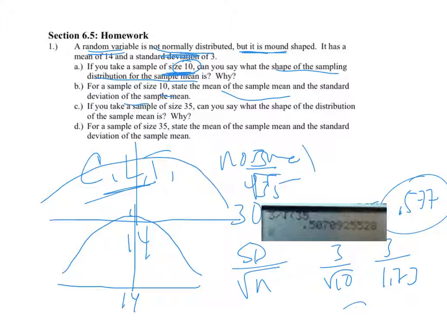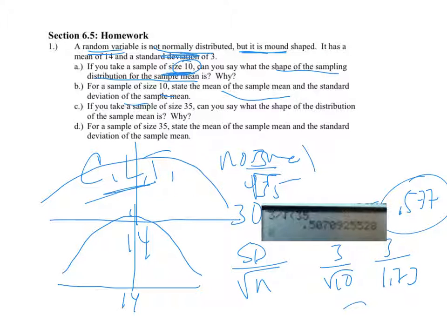We know it's going to have a center of 14, and it'll have a standard deviation of this. Notice I'm talking about shape, center, and spread. And I don't really want to use the median and the quartiles. However, the median is the same as the 14 because this is a mound shaped, symmetric distribution, normal actually, because of the central limit theorem. Okay, so that's where we're going with this.